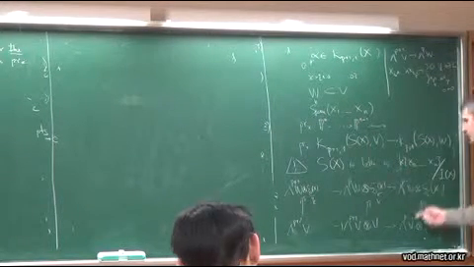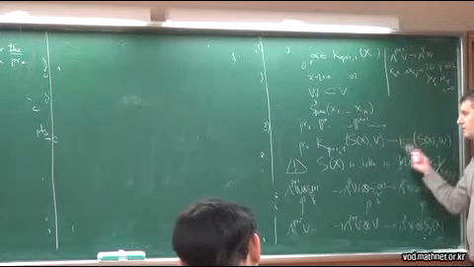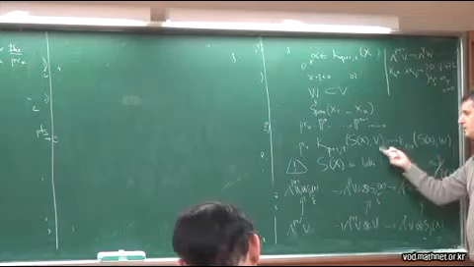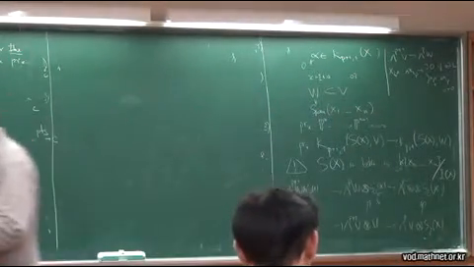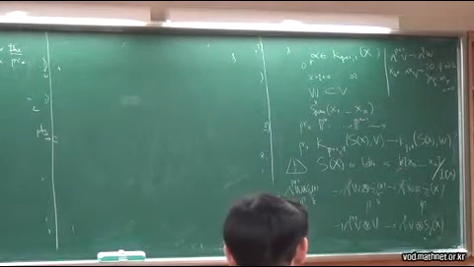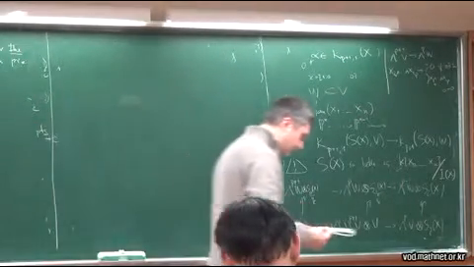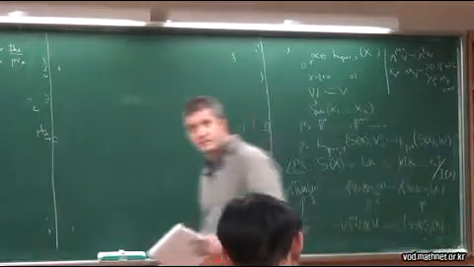And this commutes with the Koszul maps. That's why you have an induced map.